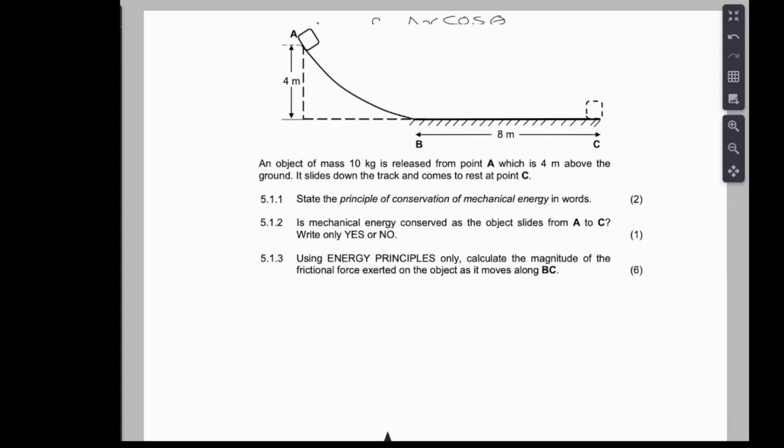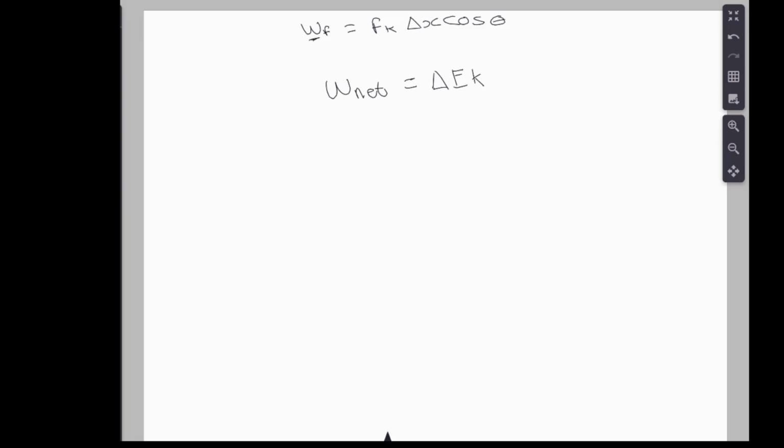Now we can calculate the change in mechanical energy from point A to B. We want to see the energy that was there at point B. But wait, what am I doing?